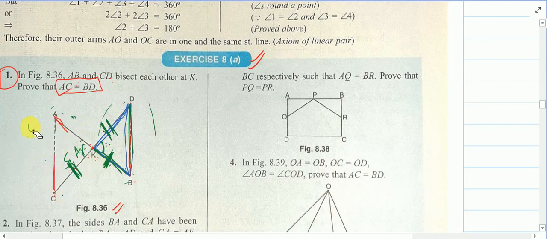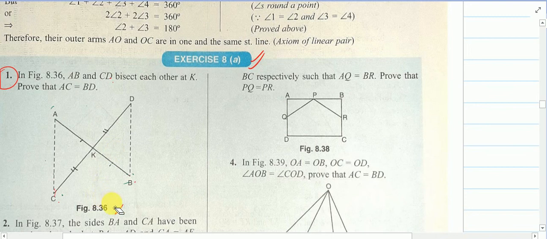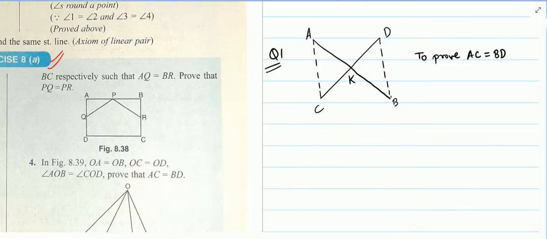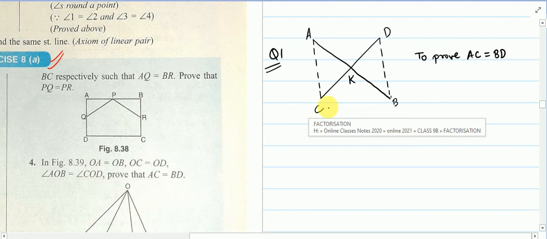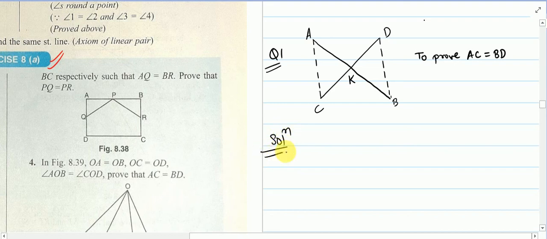So this was the explanation. Now I will write it down for you. Before I write, I will draw this. Okay children, this is the drawing. For a better drawing, you can always refer to your textbook. I have already explained to you, now let me write it down.